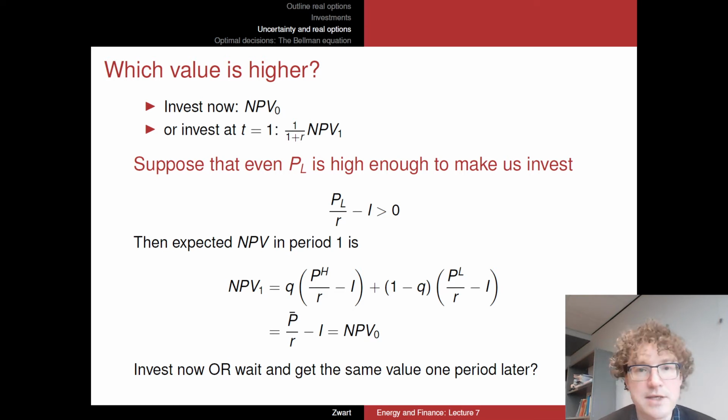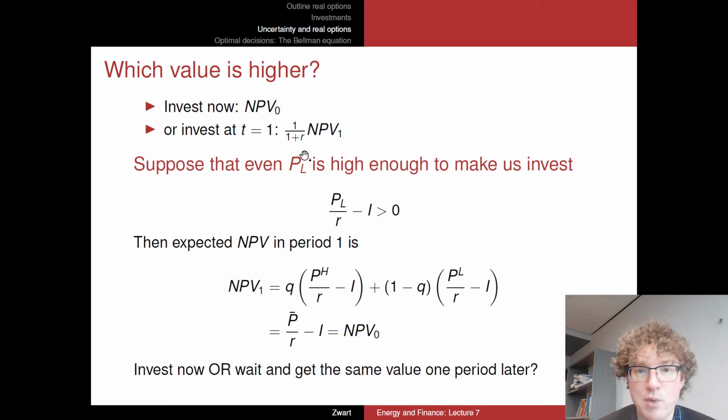So if we have to make this decision, do we want to get this NPV now, invest now, or do we want to wait and get that same amount, but only 1 period later? I'm sure you agree with me that waiting makes no sense, because if we wait, we get the same amount, but just 1 year later. So we miss out on the interest for 1 year.